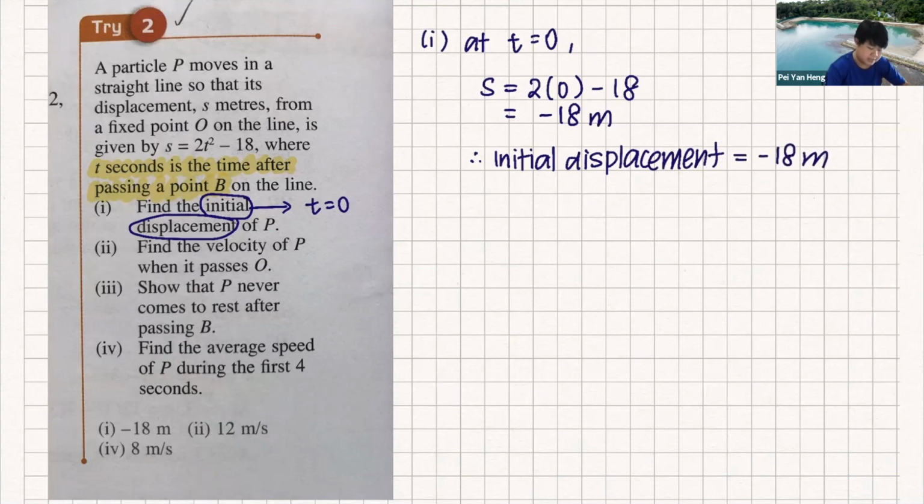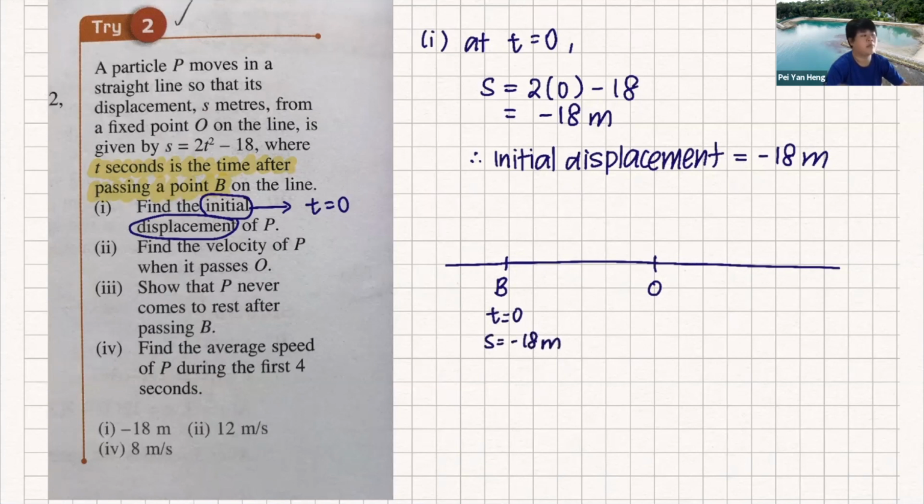So what does this mean? What does negative 18 mean? It means that if I have a starting point O, the fixed point that's marked O, and the object is moving, when t = 0, I am at point B, and this is 18 meters away from O. At t = 0, my s is −18 meters. So I'm on the left-hand side of my fixed point O.